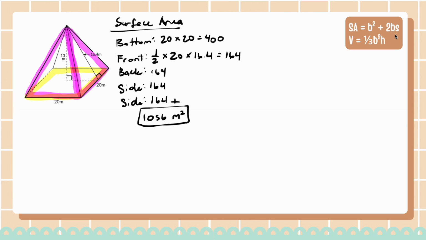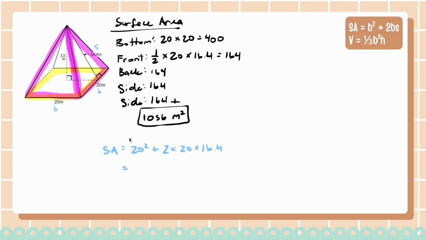Now let's go ahead and try applying this formula over here. I'm going to start with labeling my B and my S. Down here, I'm going to have my base, or my B, and here where the slant height is my S. Let's plug that into the formula. We're going to start with B squared, so that's going to be 20 squared plus 2 times B times S. So 2 times 20 times our slant, 16.4.